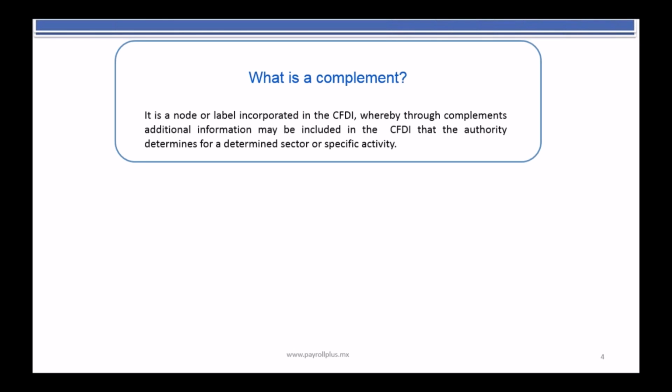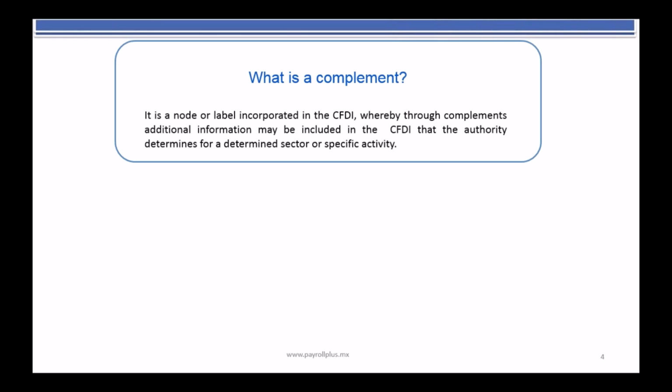As of this moment, we have 24 available complements. For example, the one that we are reviewing right now, which is for payroll, and there are complements for payments made, for commerce transactions, and different things where the authority wants to see additional information.